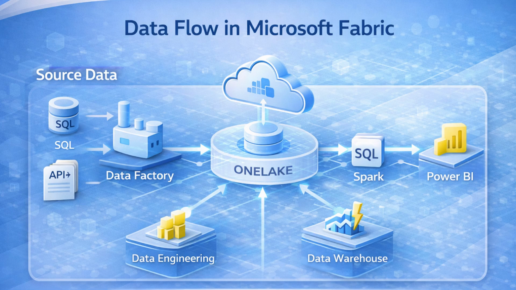Then, the data engineering process cleans and transforms that data, and the cleaned data is stored in OneLake. Now, Power BI can directly reach the data from OneLake and show it in a report.